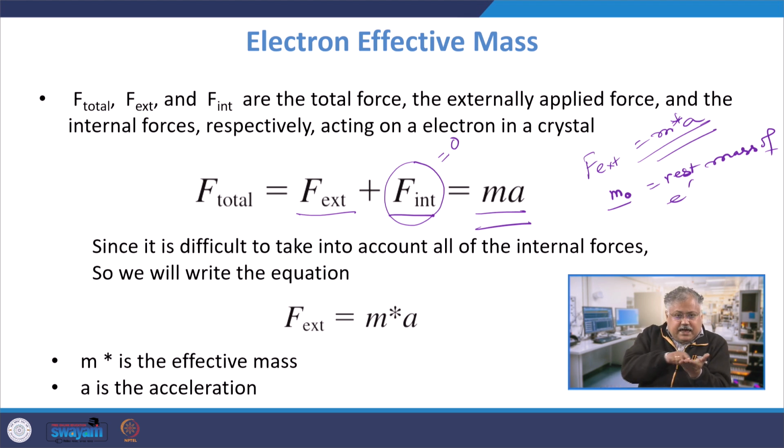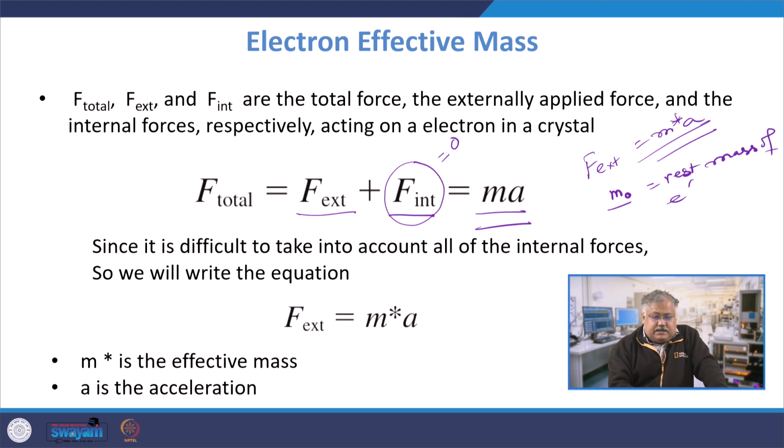Assume that I have a silicon lattice and an electron is moving within it. If you remember the Kronig-Penney model, there are multiple values of potential at each and every point, a function of x distance. Now if I say that the average acceleration of the particle by virtue of all these forces is a, then we say the normalized value of the mass of the particle is m star, such that if you multiply m star with a, I will get the F external.